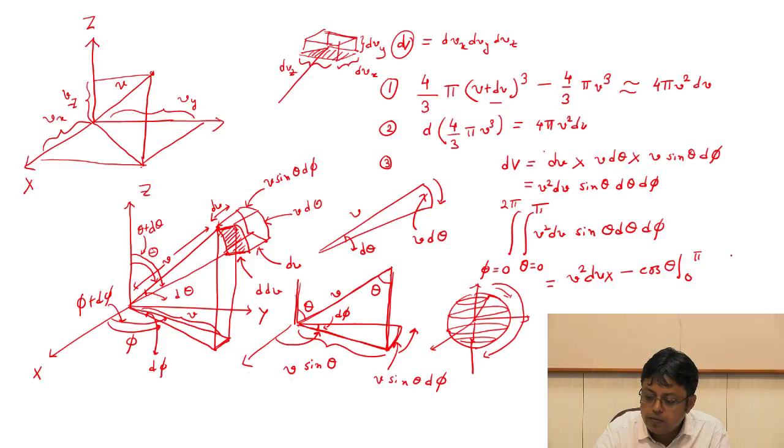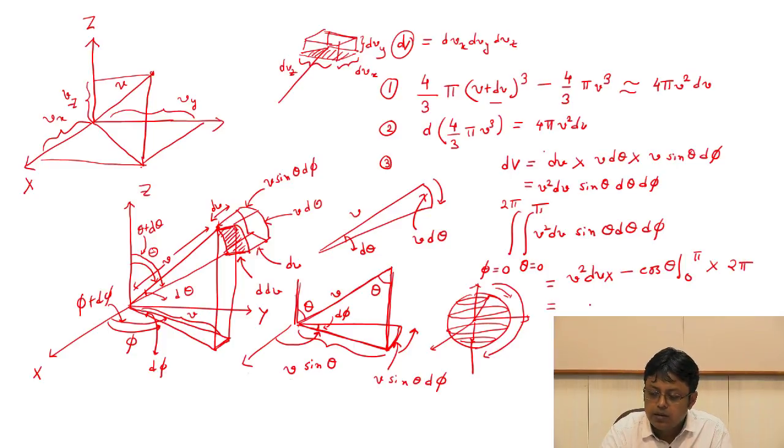And integration of d phi is just phi, with limits 0 to 2 pi, so that gives me 2 pi as before in the two-dimensional circle case. So cos 0 is 1 and cos pi is minus 1.